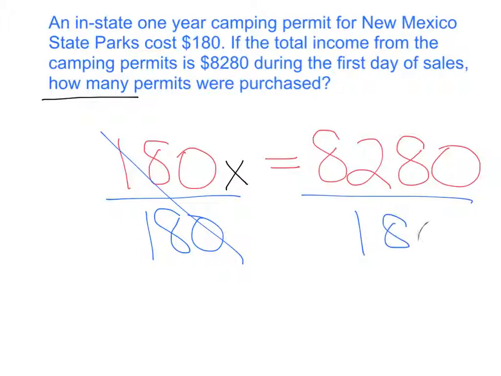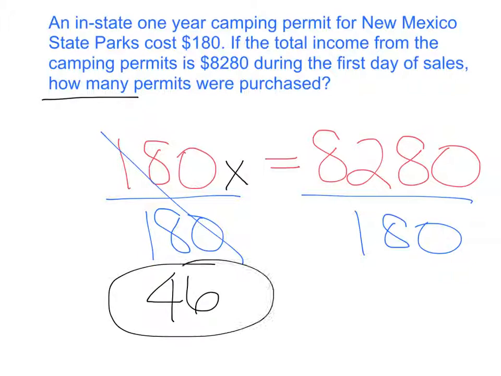So we divide both sides by 180. 8,280 divided by 180 equals 46. So that means that there were 46 permits purchased during that day.